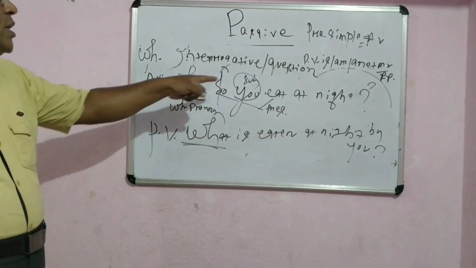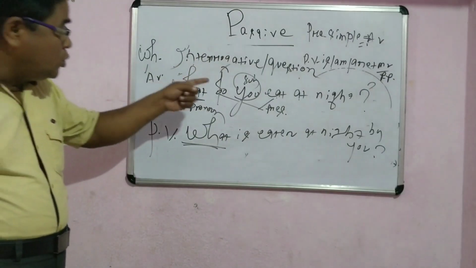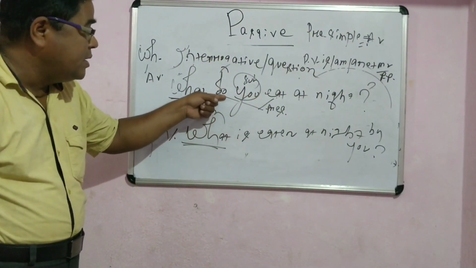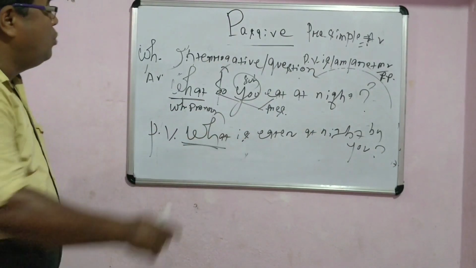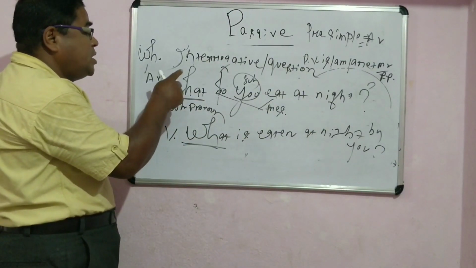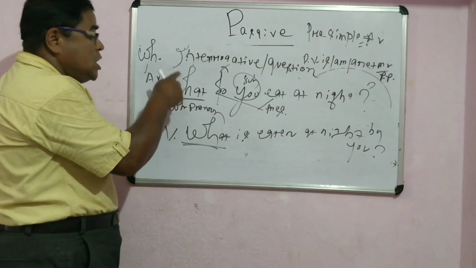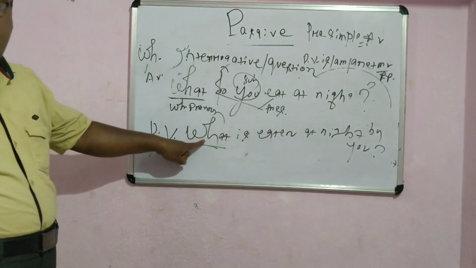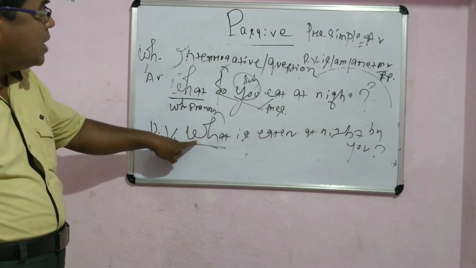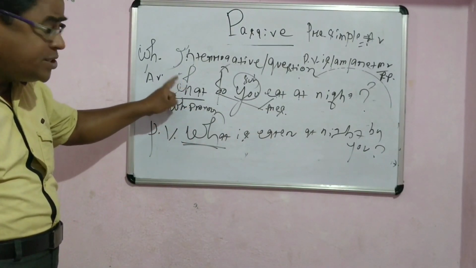So active is, what do you eat at night? Do eat, the present simple, is changed into is eaten in the passive construction. So when your WH interrogative begins with the WH pronoun, you also have to use that WH pronoun at the beginning of the passive. Here the WH word is the object.